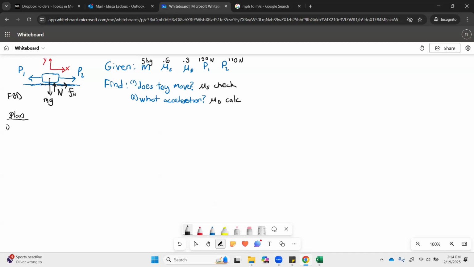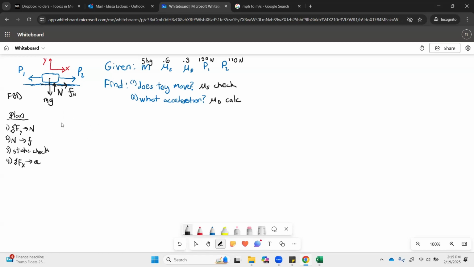So we'll do sum of the forces in y, get normal force. From normal force, get friction. And then we'll do the static check, see if it moves. Then find the sum of the forces in the x direction, get acceleration.